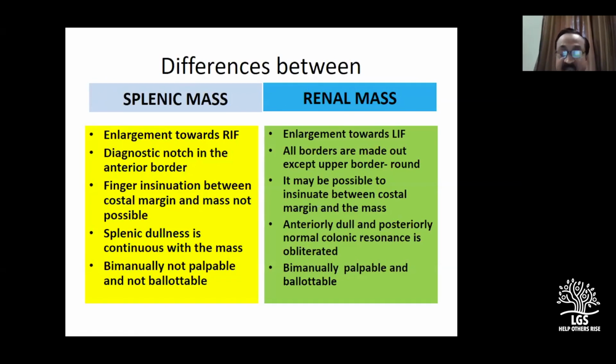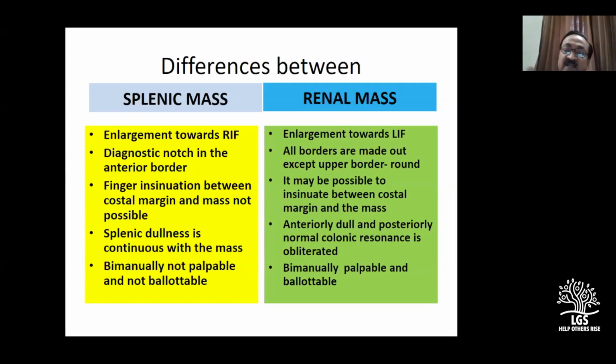I'll be putting this slide again, but just here highlighting the important point. However big the spleen grows, even when the spleen has come down to the left lumbar region, it is difficult to feel them bimanually, and ballotability is practically not possible.